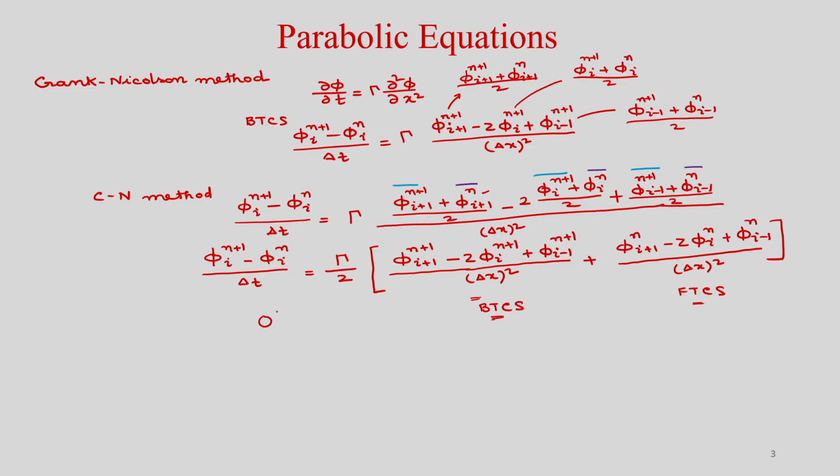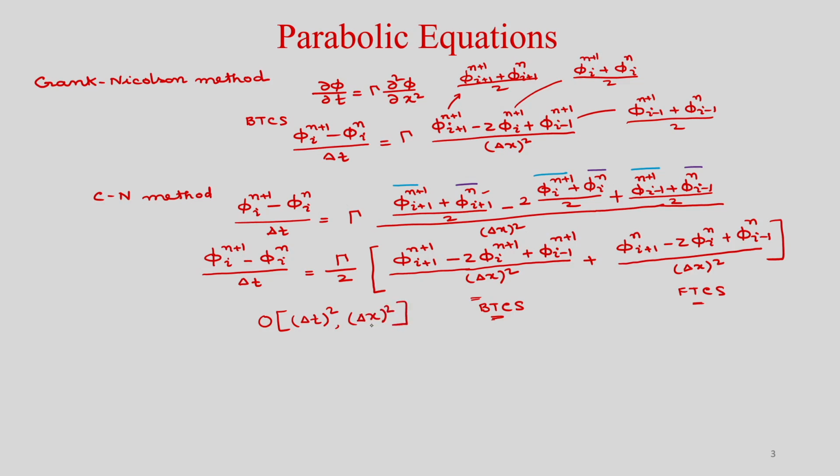The advantage of this discretization is that it is second order time accurate. Okay. Anyway, we are using the central difference method in space, so obviously it is delta x square, but in the time level also it is delta t square. So, the accuracy is of order delta t square and delta x square.